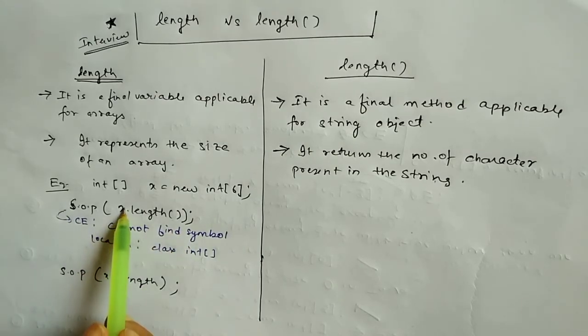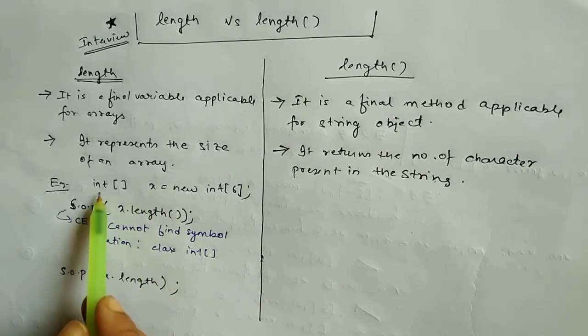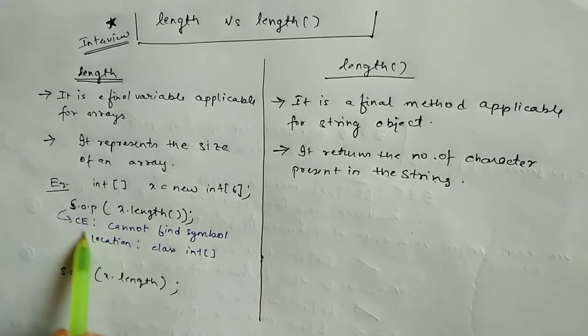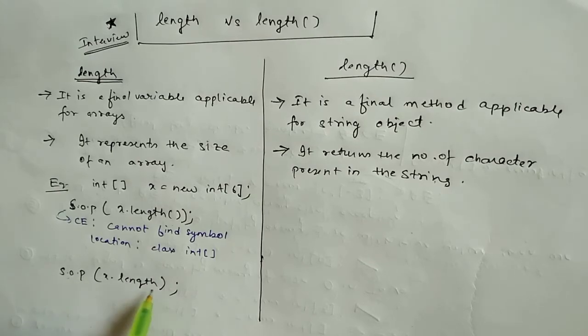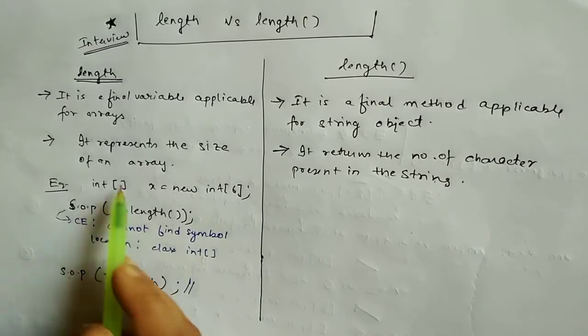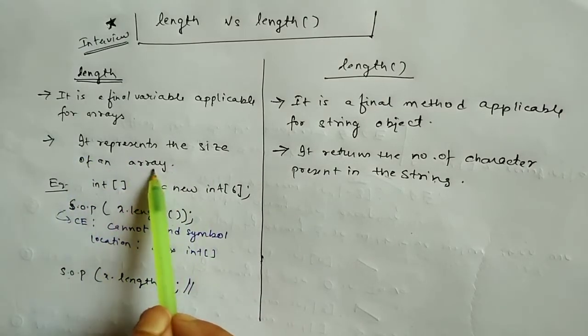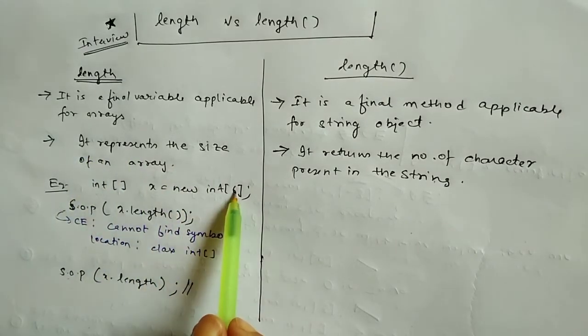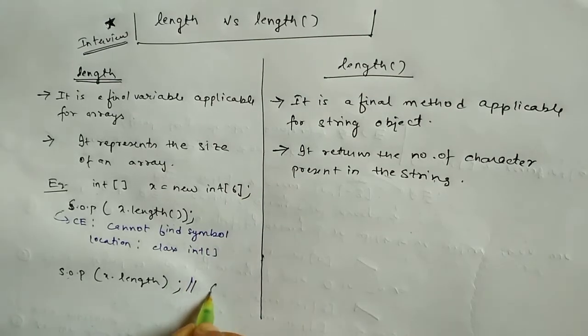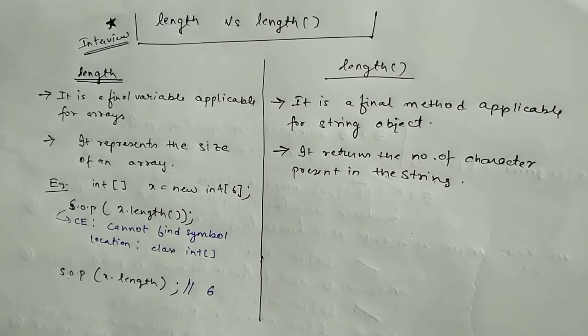Here x is not a string, x is an integer type, so it gives a compile time error. If we do System.out.println(x.length), length will return the size of the array. What is the size? 6 is the size, so we get 6 as output.